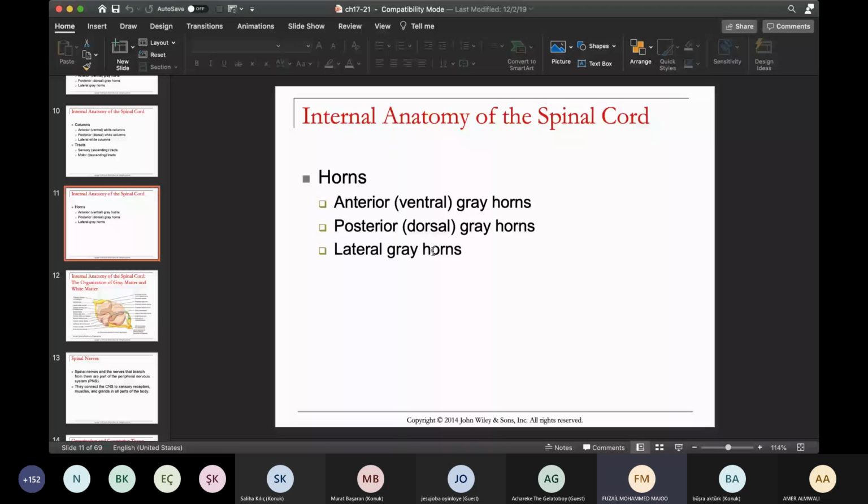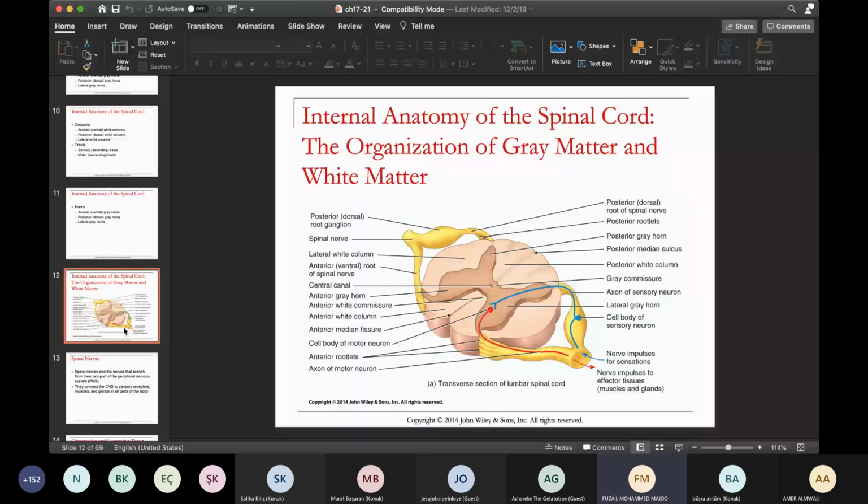So when you look at this photograph here, what do we see? This is a cross section, a transverse plane of the spinal cord. Obviously, this is gray matter, and this is the white matter. So what do we have over here? This part right over here is the anterior white commissure.